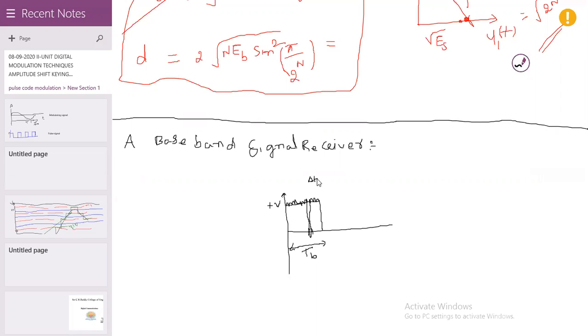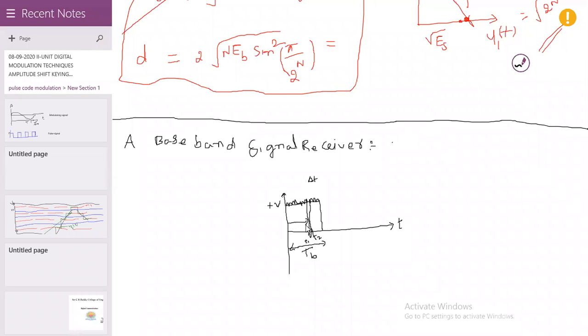Here we can analyze the signal and the noise that is added to it. Let us assume this duration is T1, and this is T2.